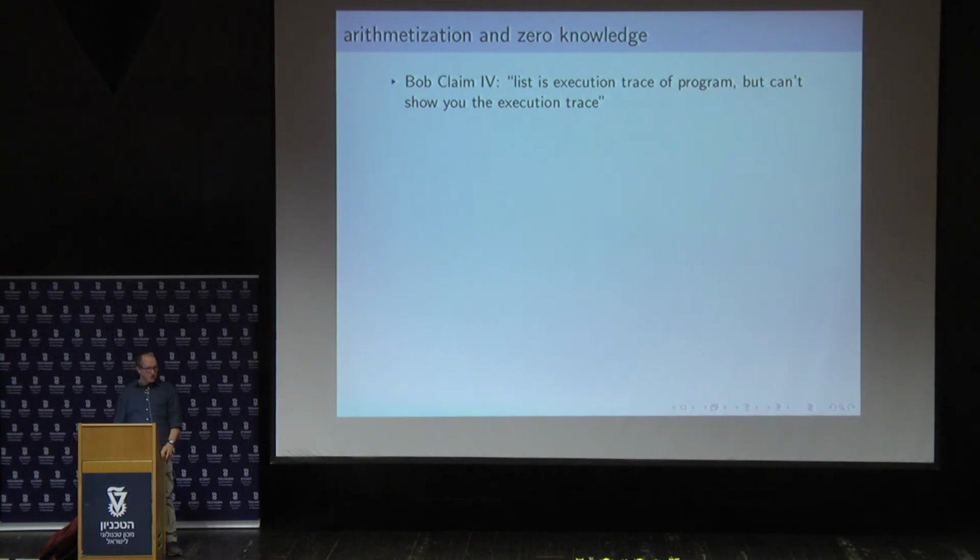What about zero-knowledge? So Bob is now claiming, well, I have this list that's the execution trace of a program, but I'm not going to show you the execution trace because it contains a password or my Zcash address. But I want to prove to you that the output is 7.